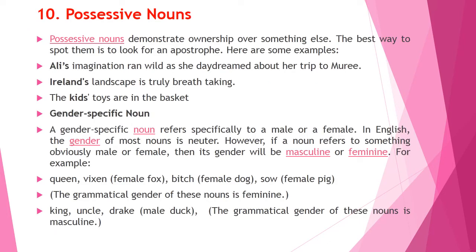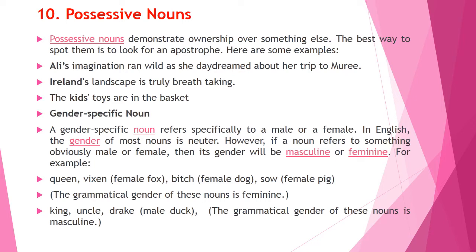Next type of noun is called possessive nouns. Possessive nouns, as is evident from the name, show ownership or possession. The best way to spot them is to look for an apostrophe. For example, Ali's imagination ran wild as he daydreamed about his trip to Murray.